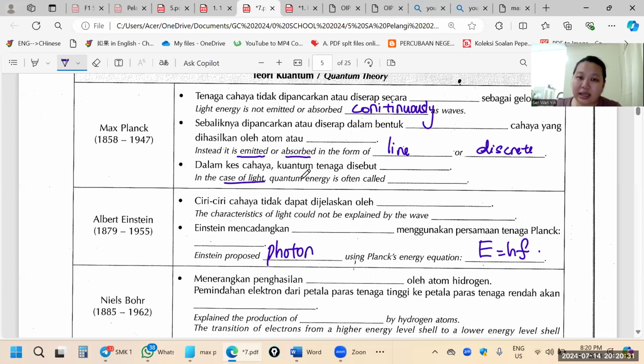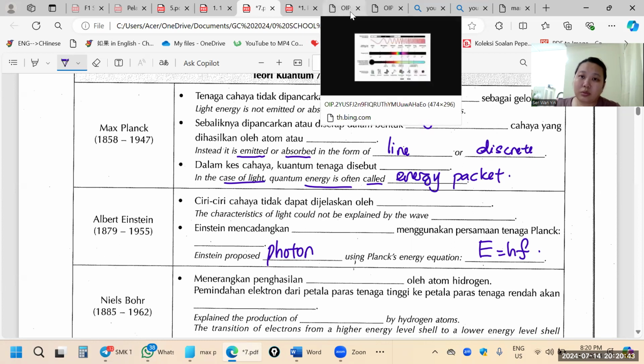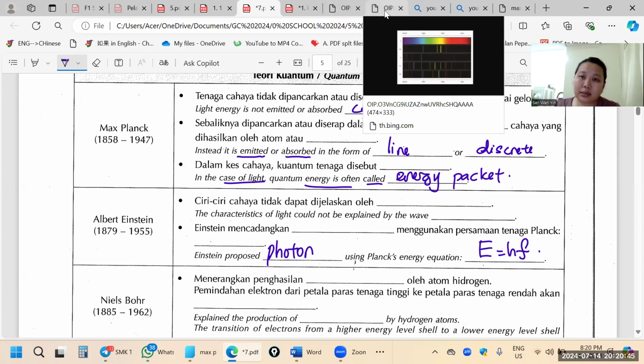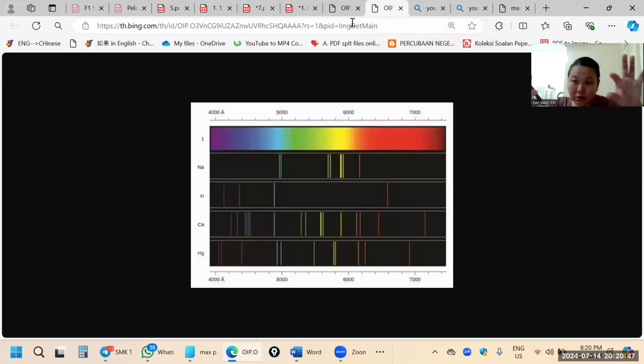So in the case of light, quantum energy is often called an energy packet. So we don't say it has continuous energy, but we say it has energy in packets.